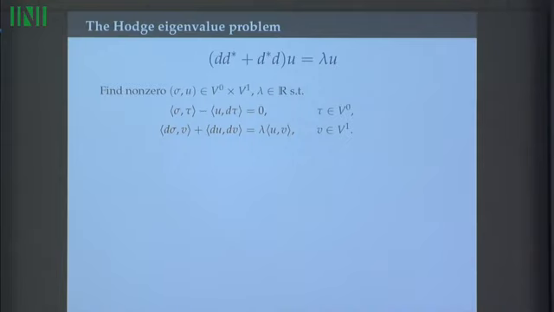So here's the eigenvalue problem. It's the eigenvalue problem for the Hodge Laplacian: (D star D plus D D star) u is some eigenvalue lambda times u. And that has a weak formulation, a weak mixed formulation, which I've written here. We don't have to worry about harmonic forms because they're just the eigenvalue of 0.